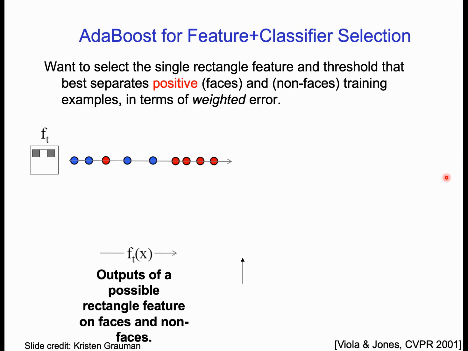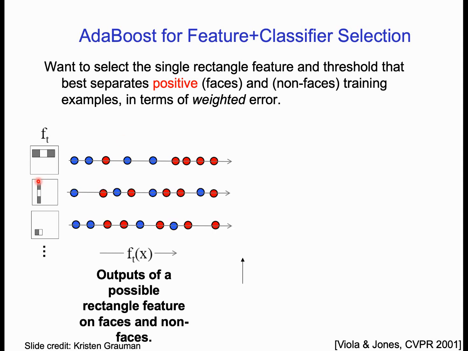For example, if I look at this feature here, this feature will have a certain response from all the samples, and actually this will be a one-dimensional scalar response. So I can put the outputs of all the samples of this feature on a single line. What I want is a threshold here that will separate the red and the blue samples as well as possible.